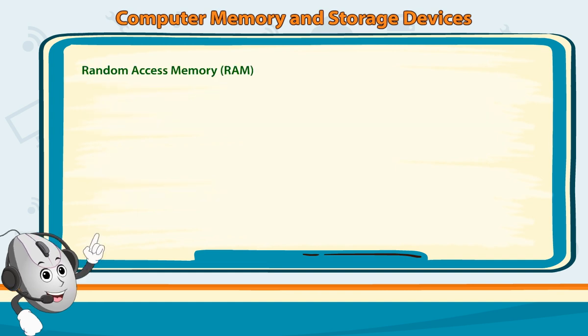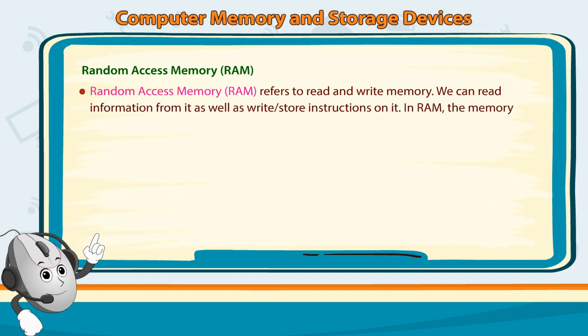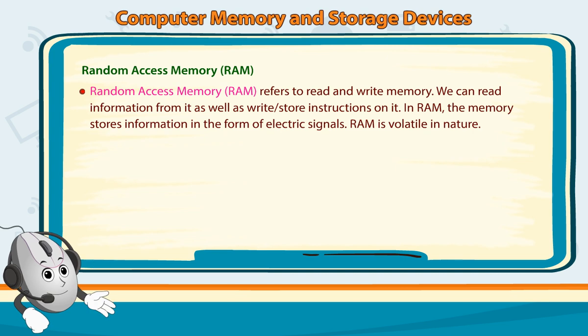Random access memory (RAM) refers to read and write memory. We can read information from it as well as write and store instructions on it. In RAM, the memory stores information in the form of electric signals. RAM is volatile in nature.